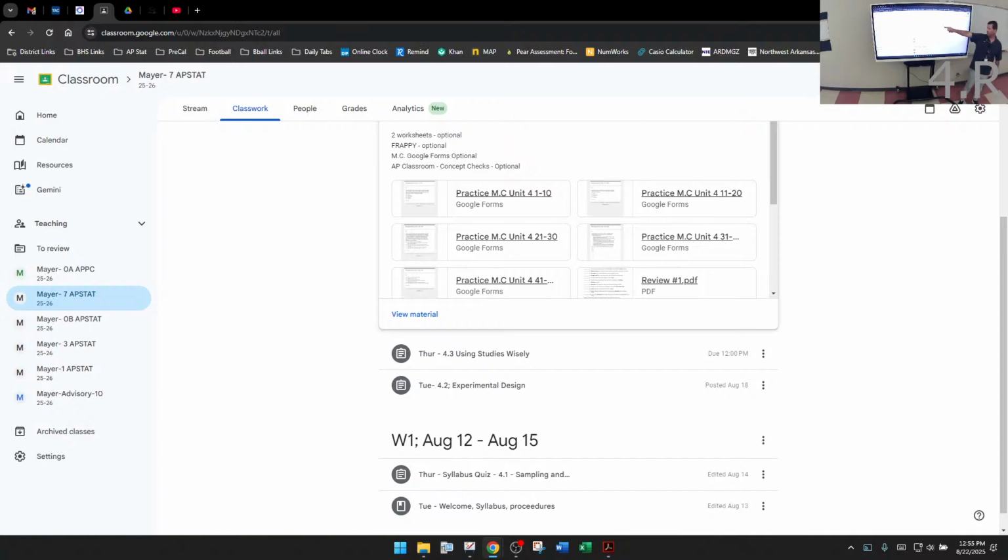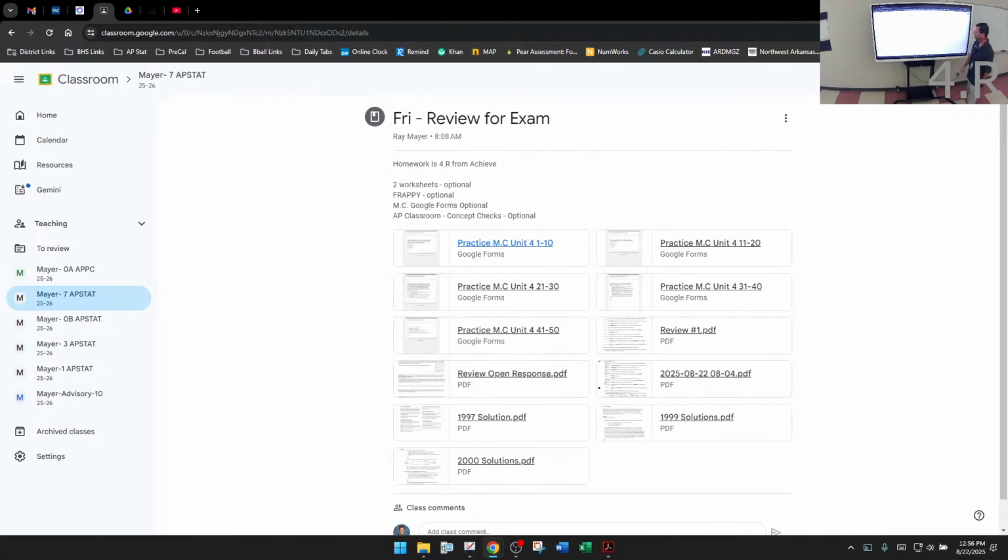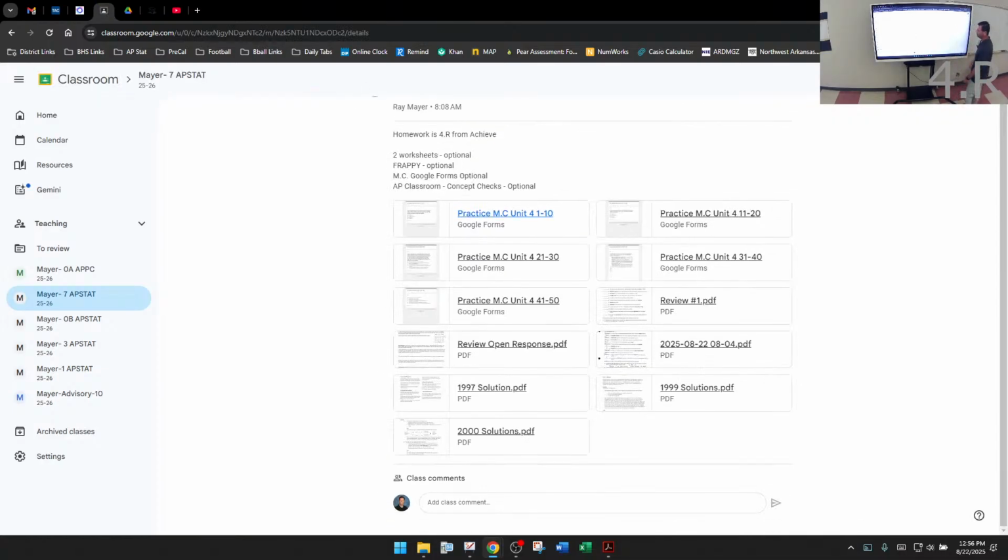Those are 50 multiple choice practice questions. I don't care if you do a single one of them or none of them. It's on a Google form. I won't know if you answered it or not. You get the question. When you hit next, it gives you the answer and explains it. Good practice. There's 50 of them. That's way more than you probably ever want.